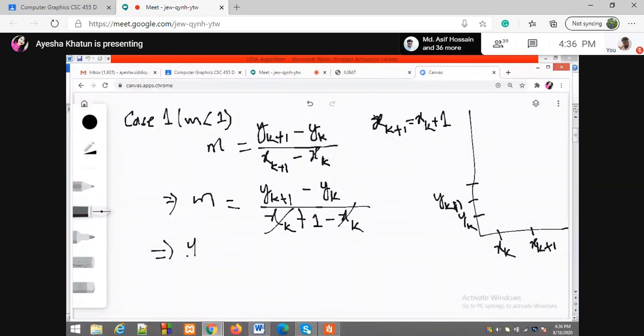So yk plus 1 minus yk is equal to m. So how can we find yk plus 1? yk plus 1 will be equal to m plus yk.